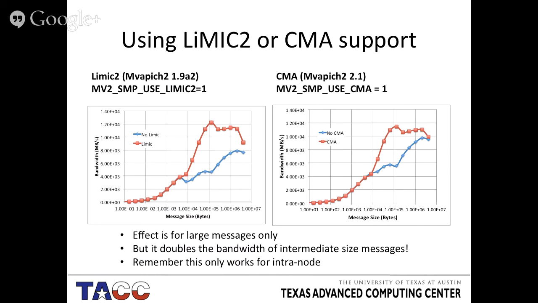Using CMA, you can see that MVAPICH has made some inroads into improving their on-node bandwidth even without this support. So the blue line looks even better than the old stack, getting up to 10 gigabytes per second, but still for intermediate size messages, this change you see here is probably the eager limit.